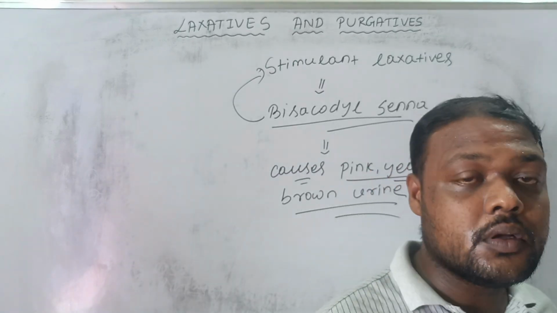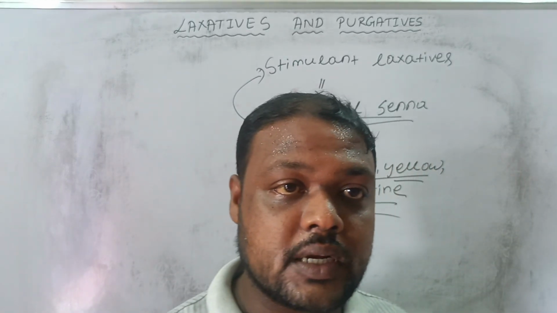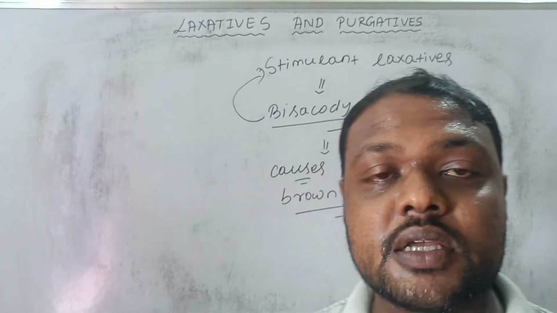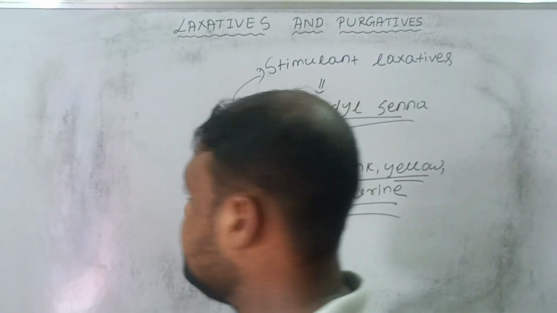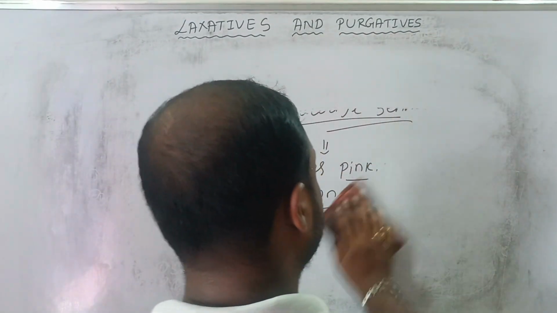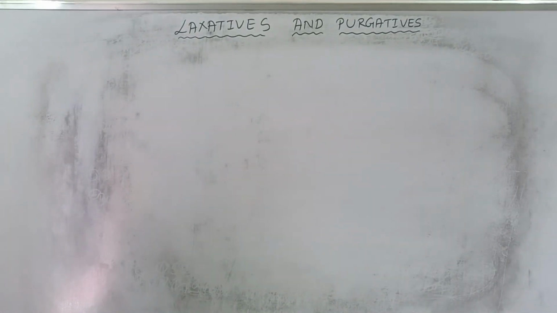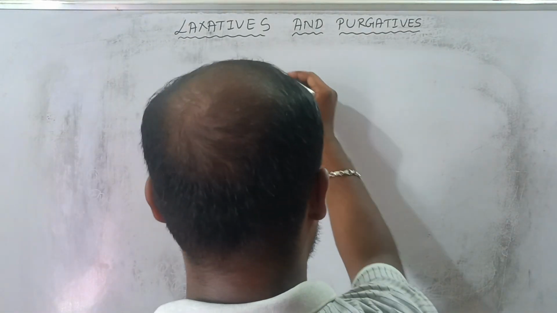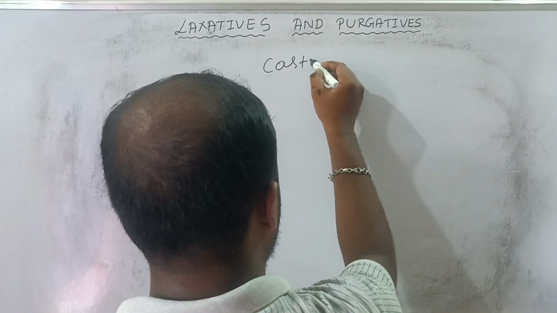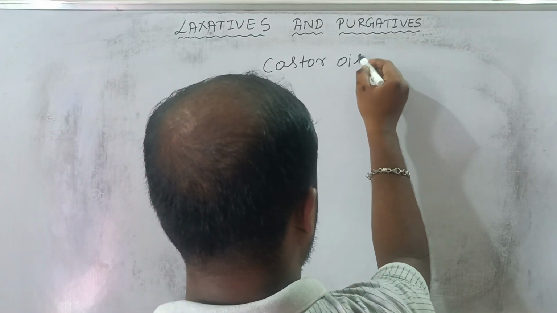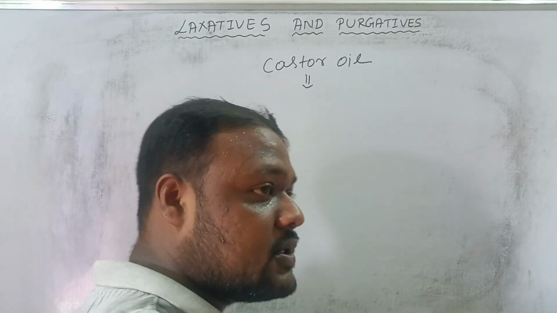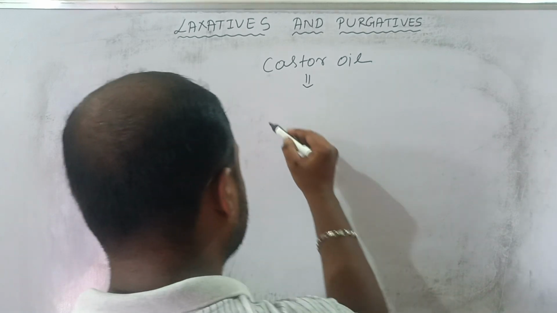So we move to castor oil. Castor oil is used in constipation.